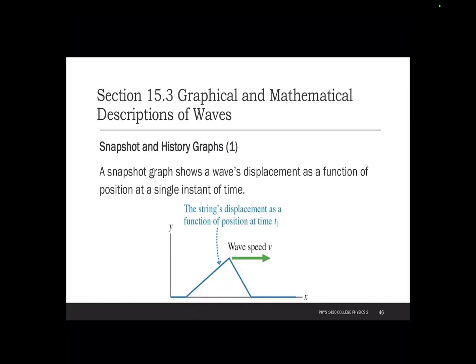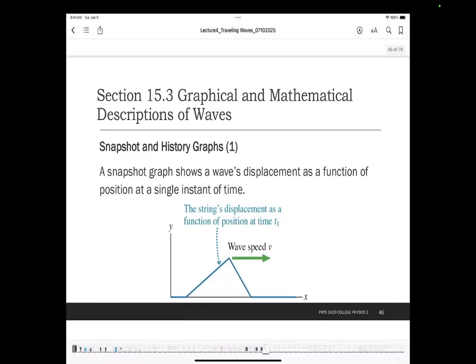Before that, let's talk about what a snapshot graphic and a history graphic are. A snapshot graphic shows a wave's displacement as a function of position at a single instant of time. You can see the snapshot. This is a snapshot graphic.